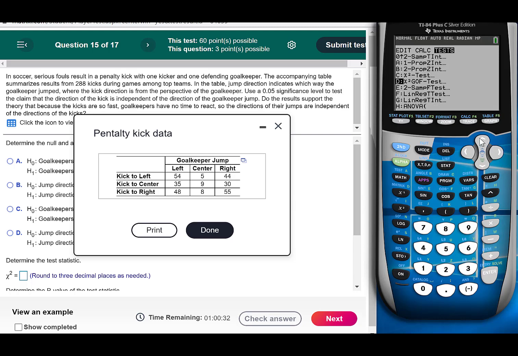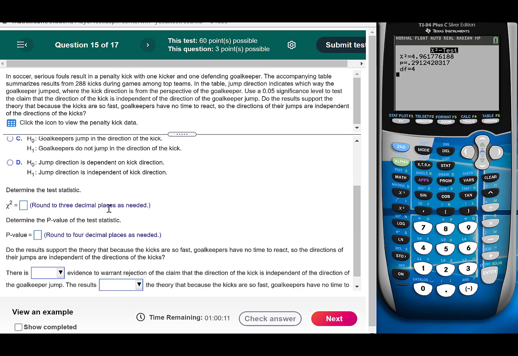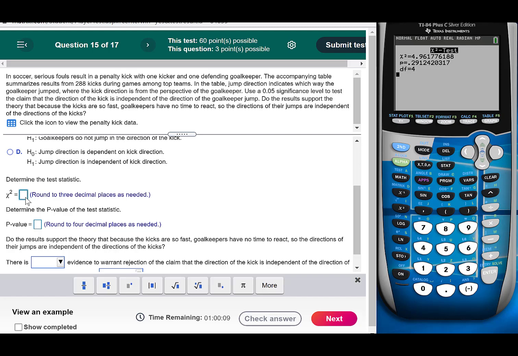It's a chi-square test. For section 12.2, it's chi-square. And calculate. So, jump direction is independent, jump direction is dependent, so that must be this. Test statistic, guys, is 4.9662.